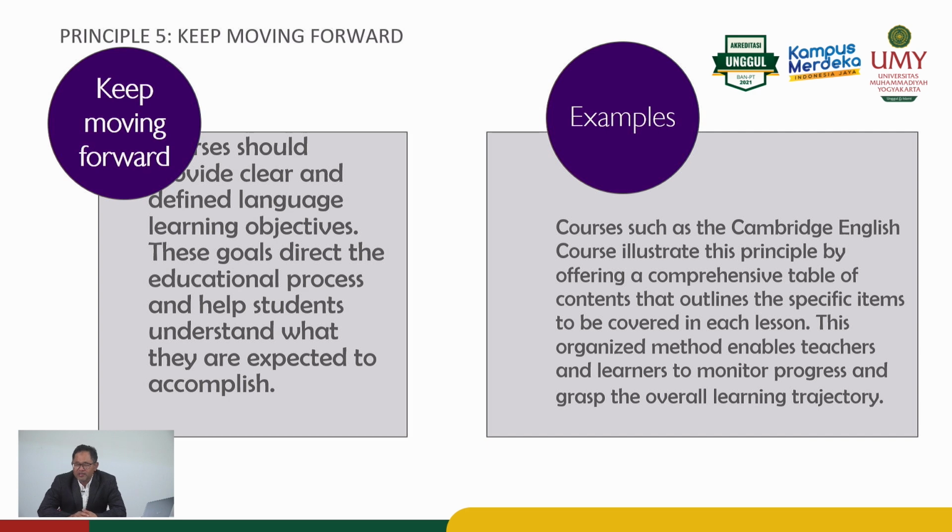For example, the Cambridge English course illustrates this principle by offering a comprehensive table of contents that outlines the specific items to be covered in each lesson. This organized method enables teachers and learners to monitor progress and grasp the overall learning trajectory. So, in progress, keep moving forward.